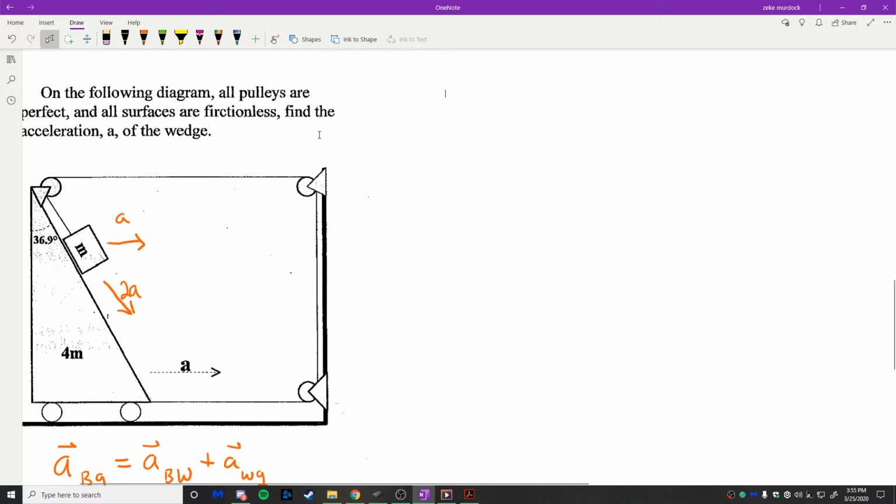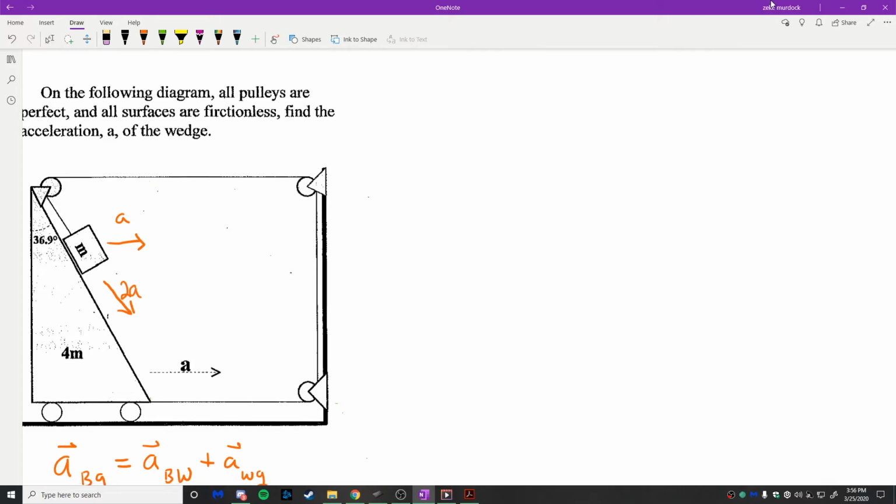And say that we want to draw free body diagrams for each of these objects. So I guess what I would like for you guys to do is maybe do that yourself right now. I'll give you guys a minute. Can you try to draw the free body diagram for each of these objects, the mass and the wedge?